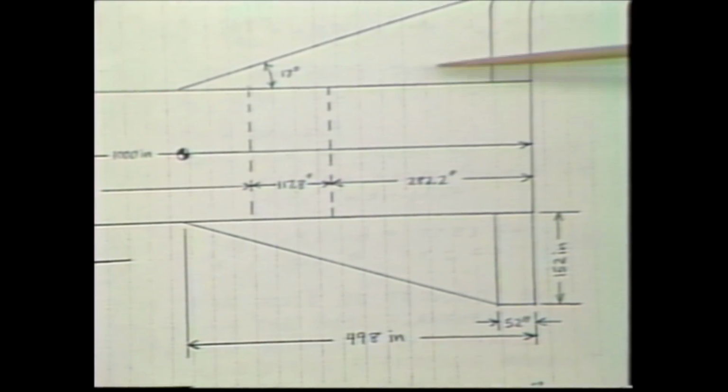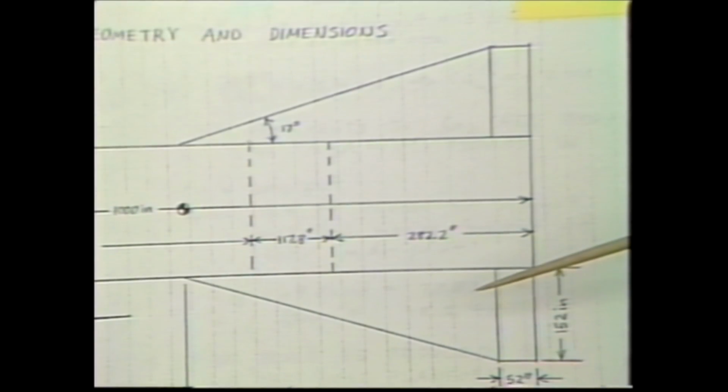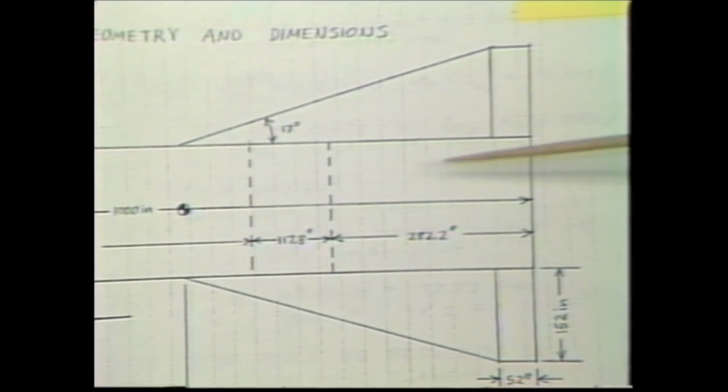So that's, again, now we've put a wing on our design. That wing isn't there necessarily for high-speed lift, and definitely not for low speed. It's there for high-speed stability.